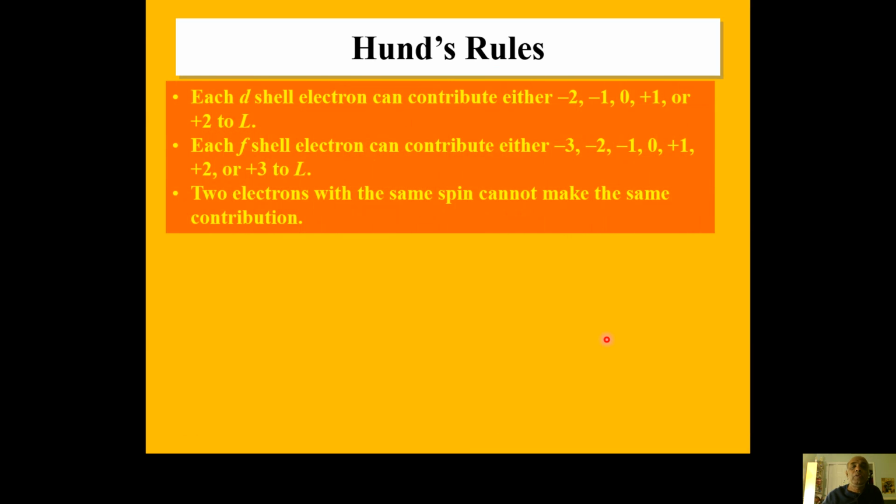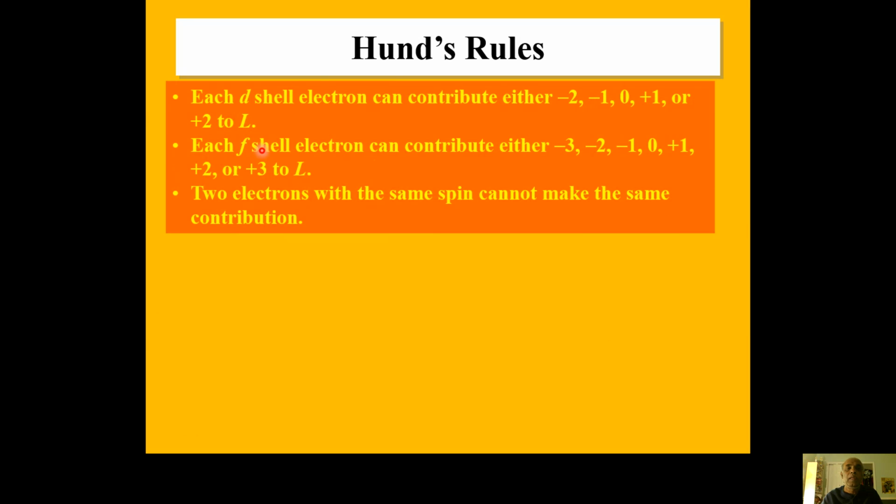Then the second rule says your total angular momentum L should be maximized. Once the total spin angular momentum is maximized, then your L should be maximized. That depends on what kind of electrons you have. If you have d shell electrons, SPD, that means d is 2, then you can have L going from -2 to +2, so you have -2, -1, 0, like that.